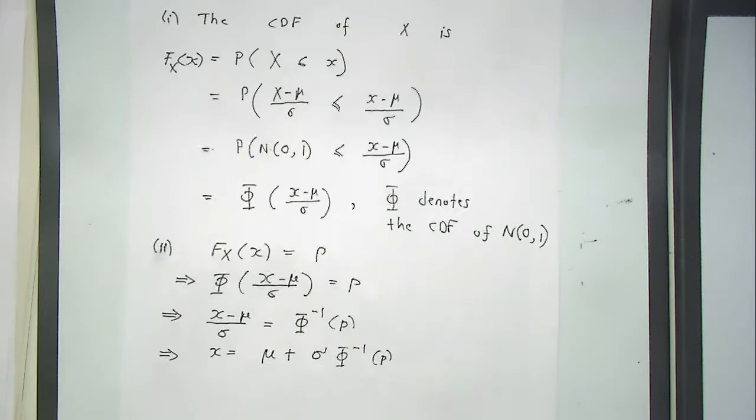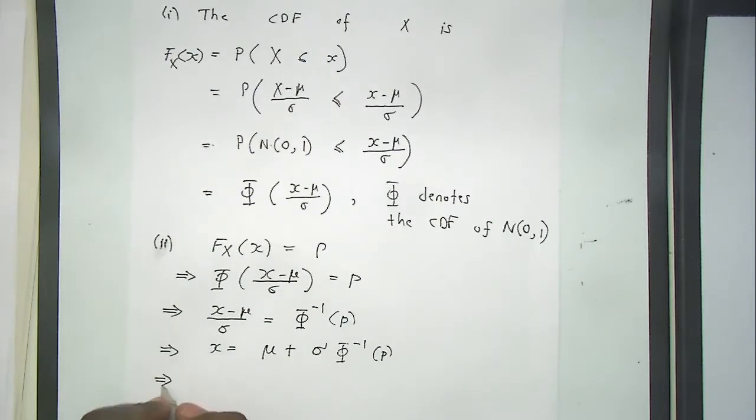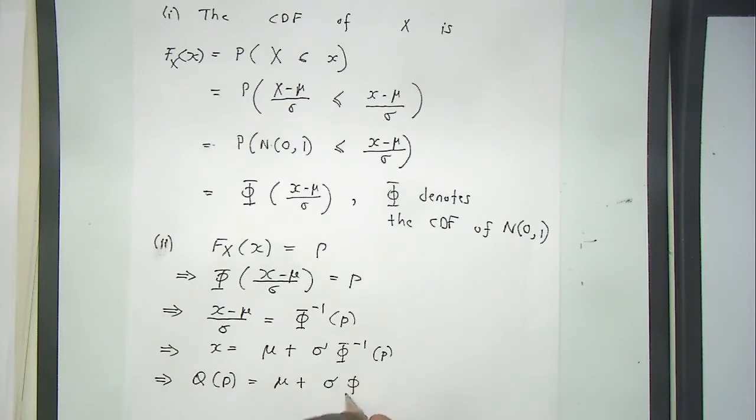So this is the quantile. So Q at P is equal to mu plus sigma times phi inverse of P.